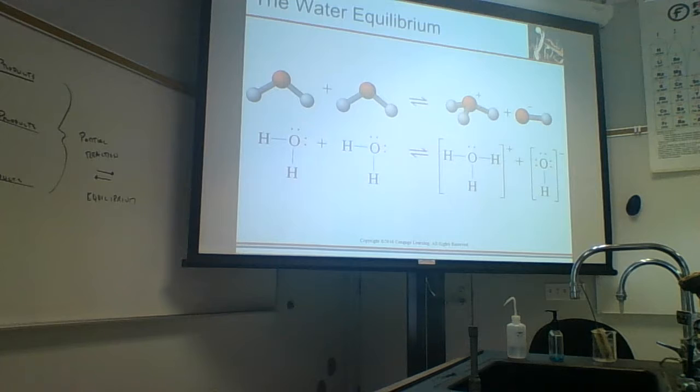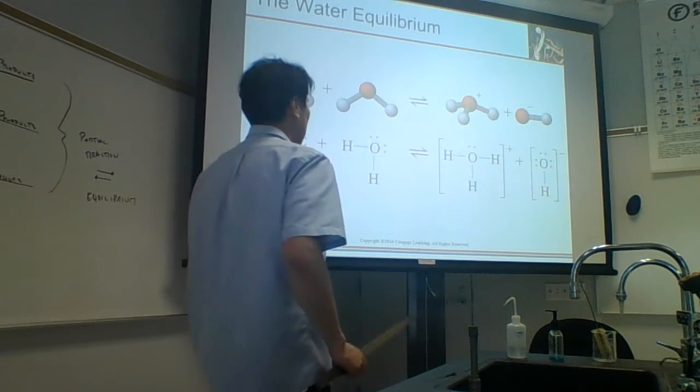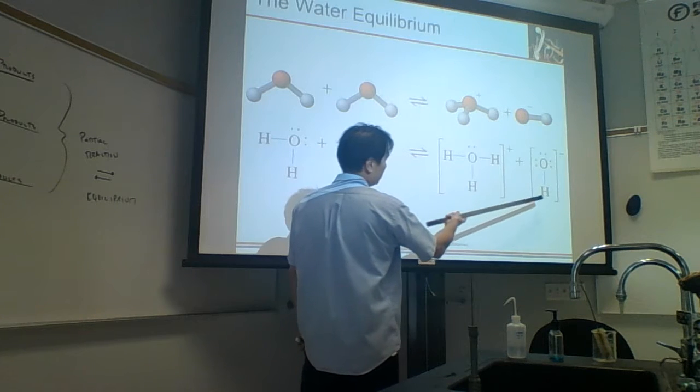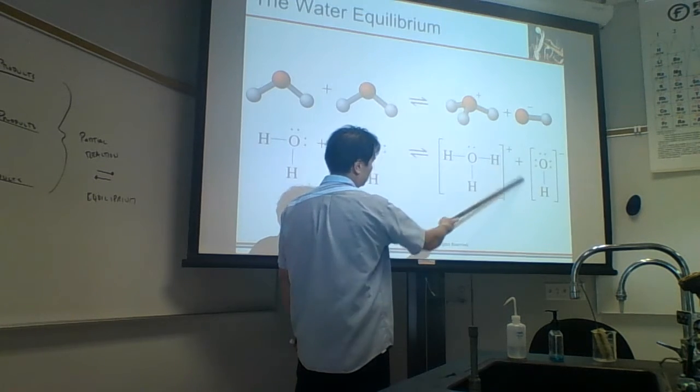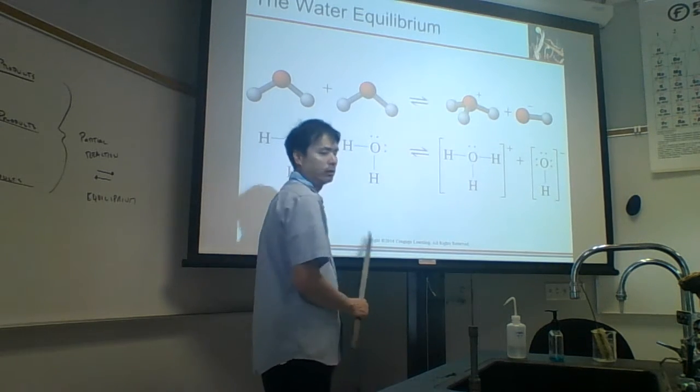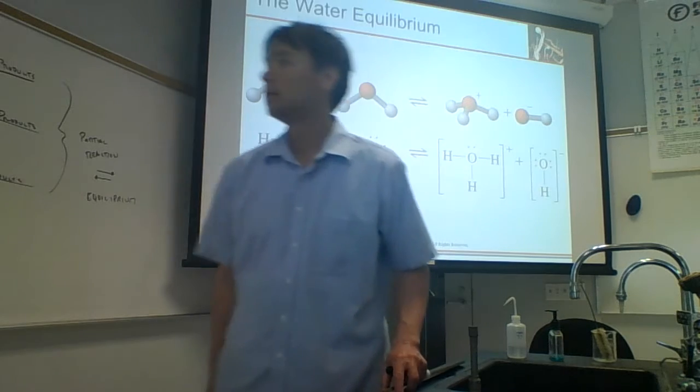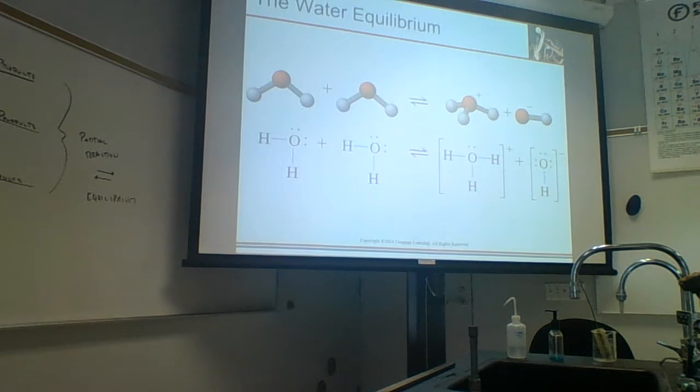We don't even need the chart for this, but you can always look it up on the chart as well. But hydroxide, like sodium hydroxide or whatever, is going to be a much stronger base than just water. And so this side is stronger, this side's weaker. In other words, something like this. Water, and water.